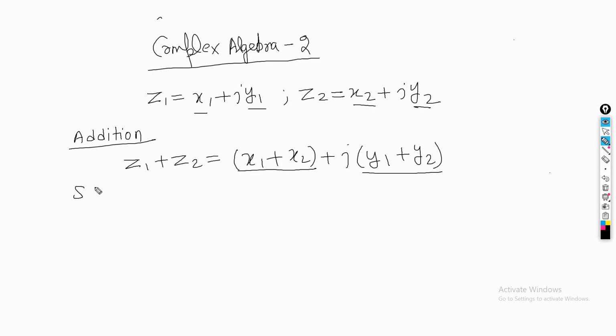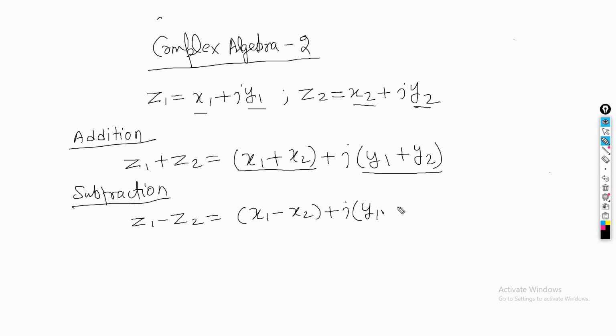Now suppose we want to perform subtraction on the complex numbers. Then we can write z1 minus z2, that will be equal to x1 minus x2 plus j y1 minus y2.